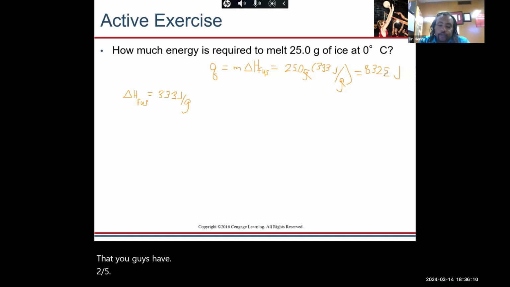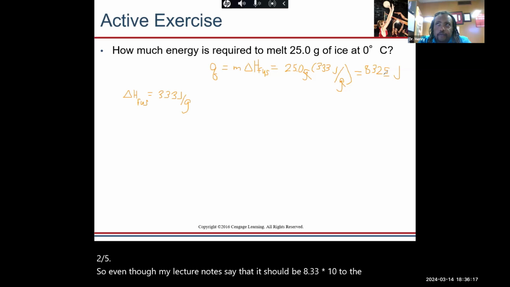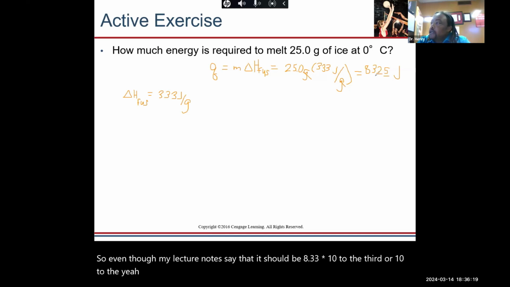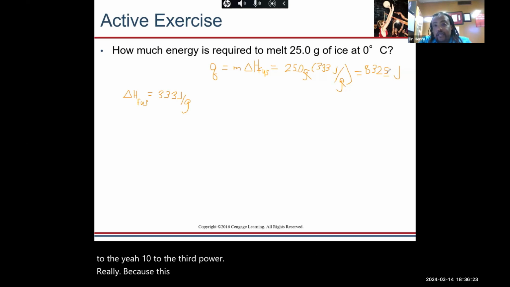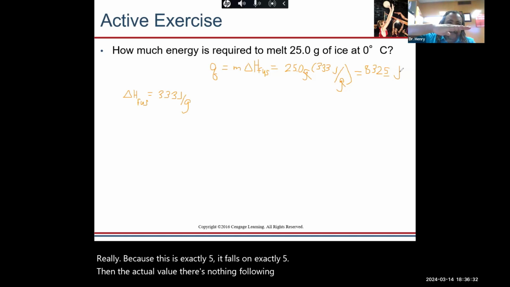Even though my lecture notes say that it should be 8.33 times 10 to the third, really, because this falls on exactly 5, there's nothing following it. So it's kind of like that.